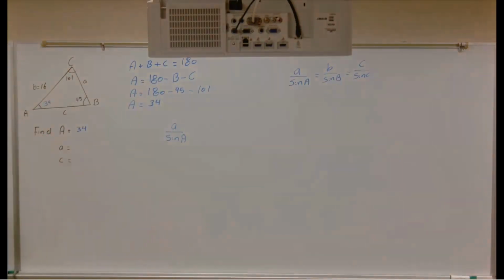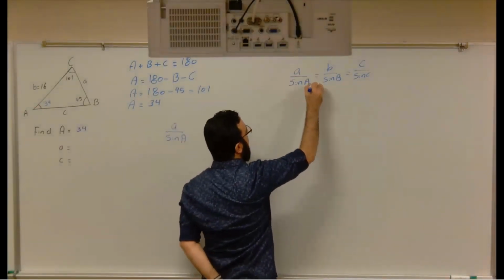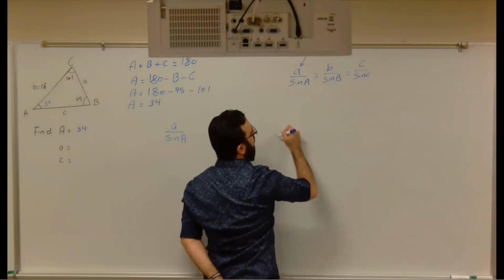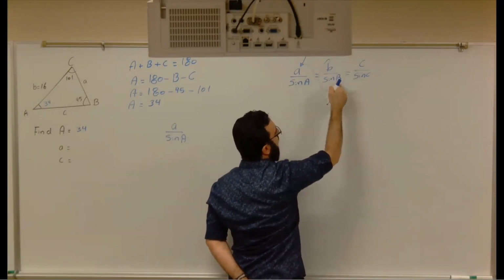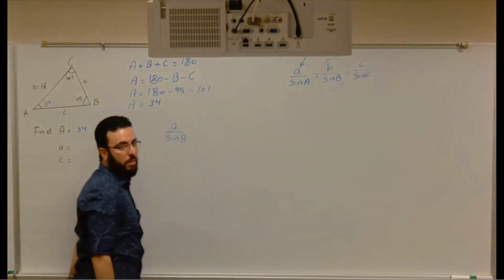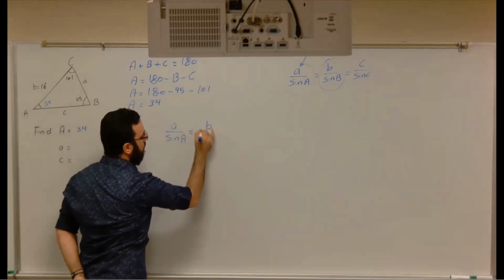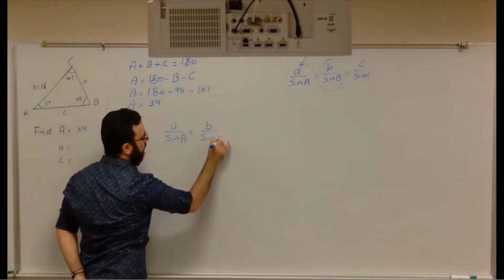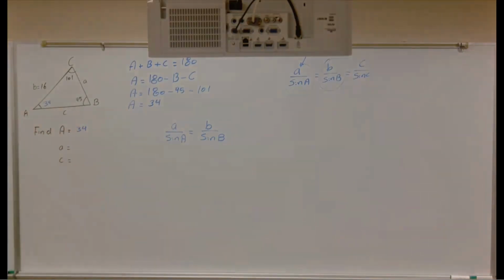Now, what do I have? I have the side B, right? That means I'm going to write down this side because I have B and I have the angle B. So I'm going to say A over sine A equals B over sine B. Do I need to write down the C?